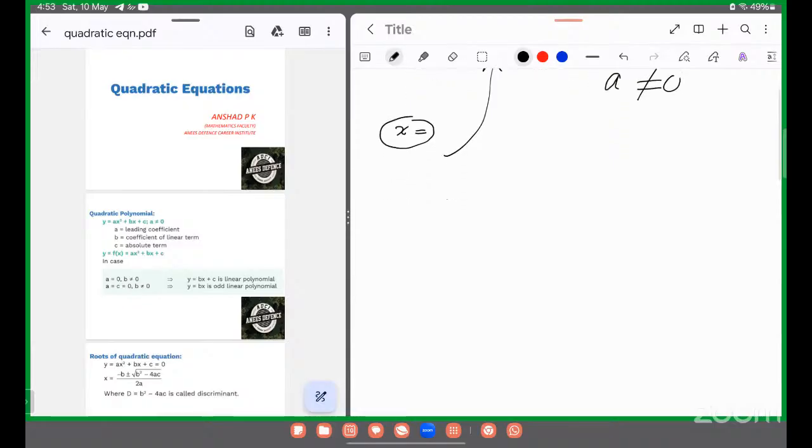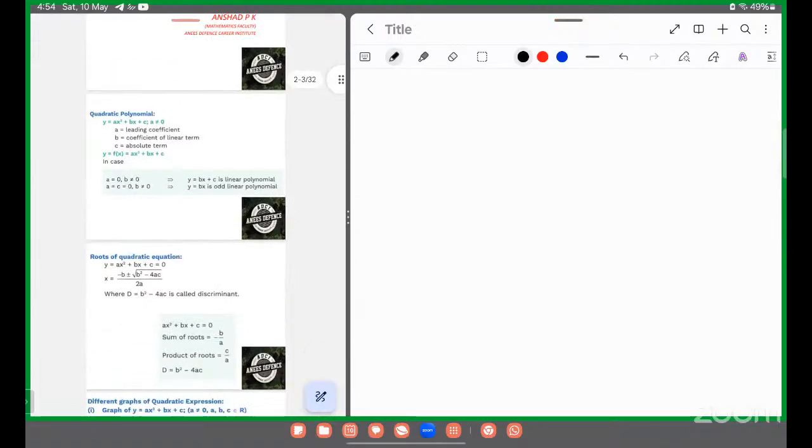There are many methods to calculate the roots of the quadratic equation: the method of splitting the middle term, and completing the perfect square. But in all cases, we cannot apply these two methods. By using the formula method, that means the quadratic formula, whatever the quadratic equation, we will be able to find its roots.